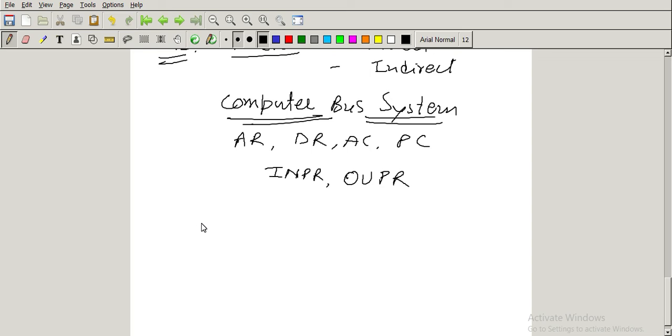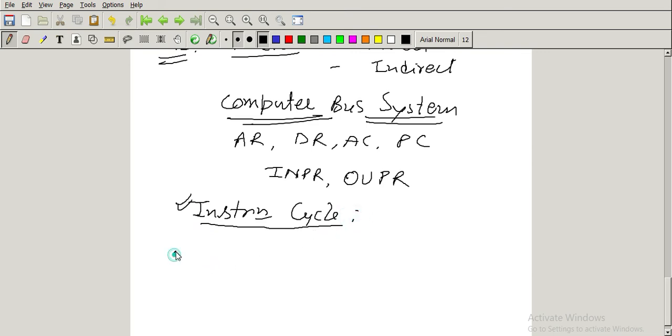So these are the important topics from chapter 5, and apart from that, a very important topic is your instruction cycle, right? Instruction cycle, which is fetch, decode and execute. Fetch, decode and execute, this is the instruction cycle.